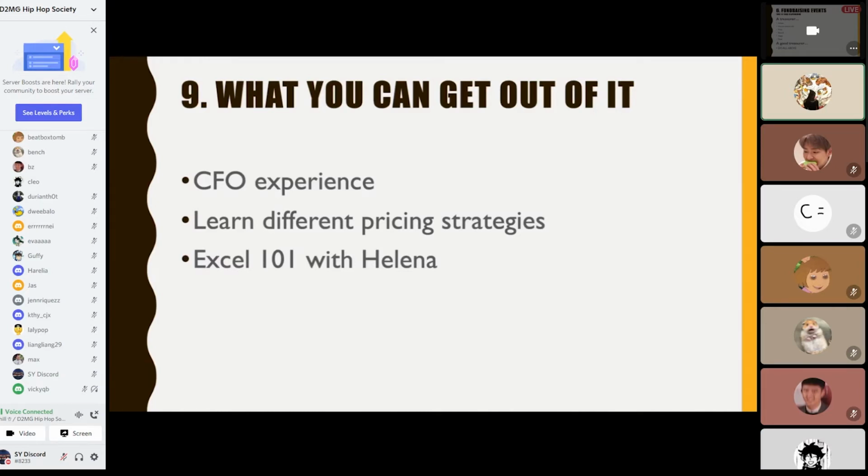And the last perk, you have Excel 101 with Helena, aka me, to introduce you to the wonderful world of Excel spreadsheets, a treasurer must-have. So this is private tutoring that you will not get anywhere else.